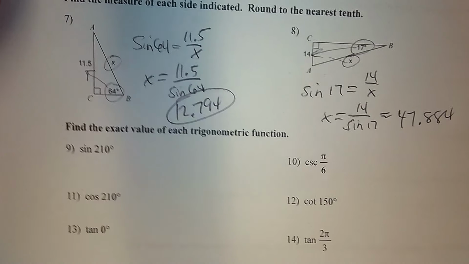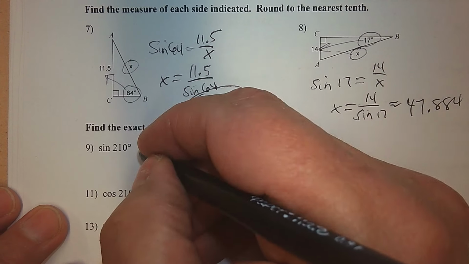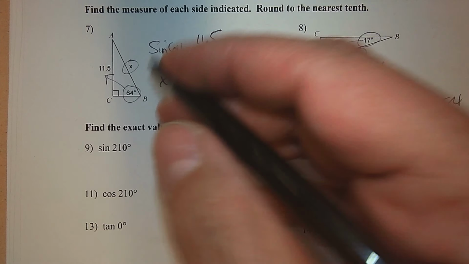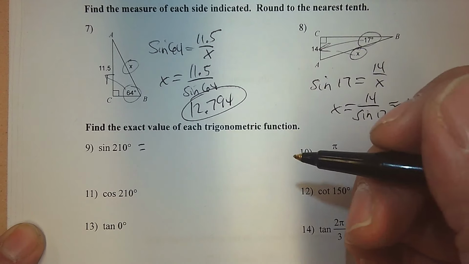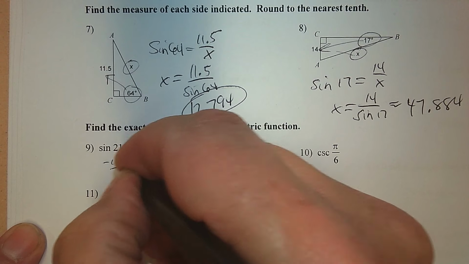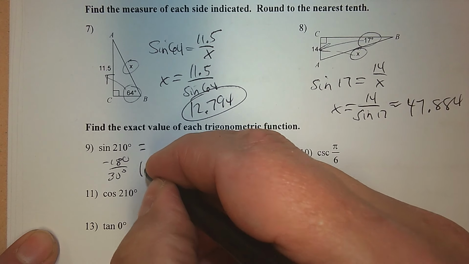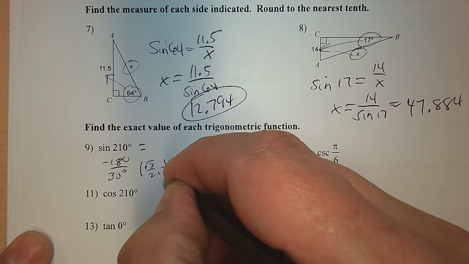All right, without your calculator, can you find each value here? So for the value of sine at 210, I need to know the reference angle. So I'm going to subtract 180, and the reference angle is 30. I need to know the point on the unit circle for 30, which is root 3 over 2 and 1/2.